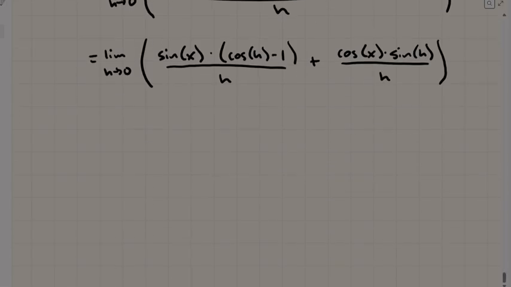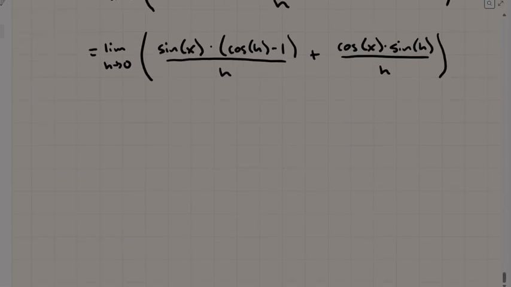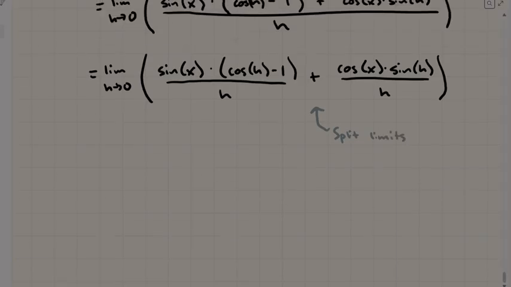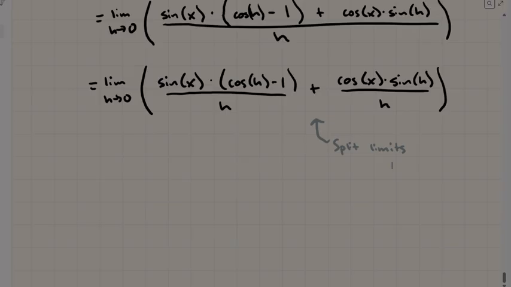And remember before we had talked about how we can split these two limits. Anytime we have a plus or a minus, we can actually evaluate the limit of each term separately. And so that's going to be the best way to move forward here.